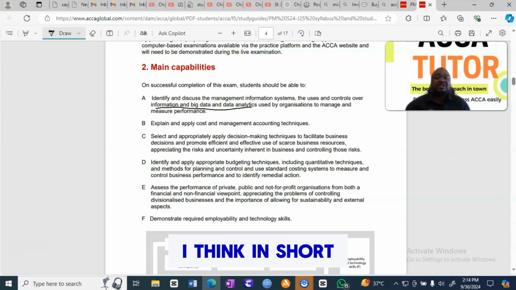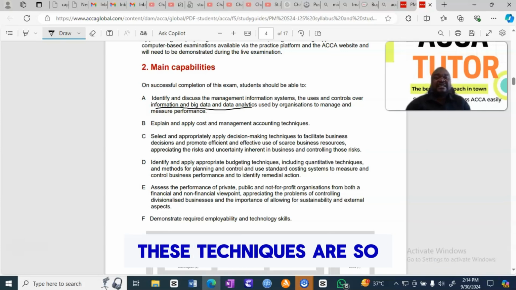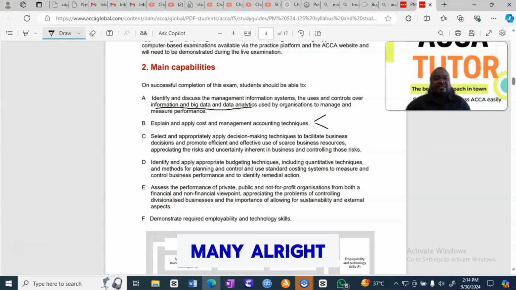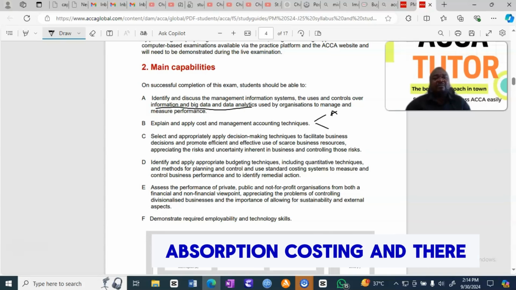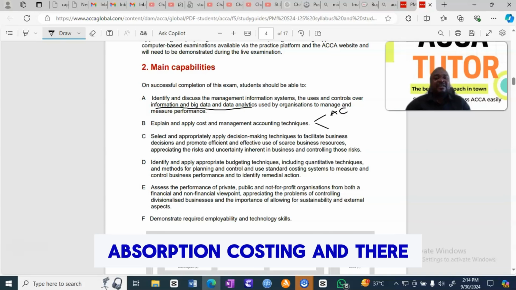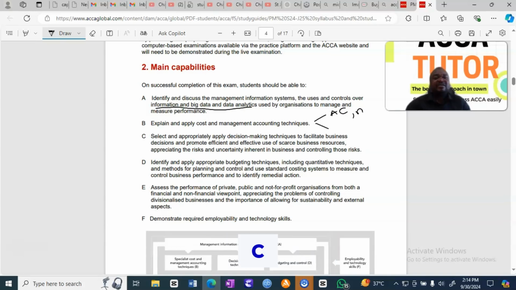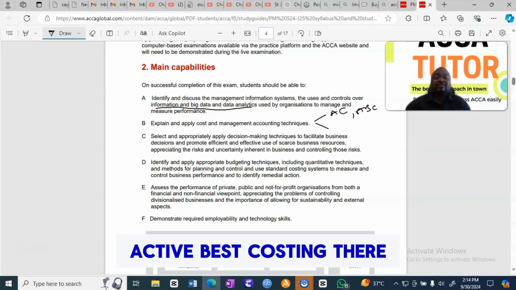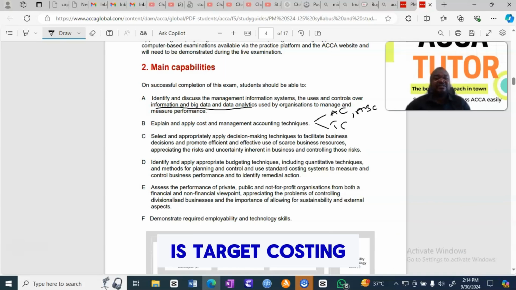I think, in short, that's what part A entails. Then part B, explain and apply cost and management accounting techniques. These techniques are so many. We know of absorption costing, and there is ABC, activity-based costing. There is target costing.